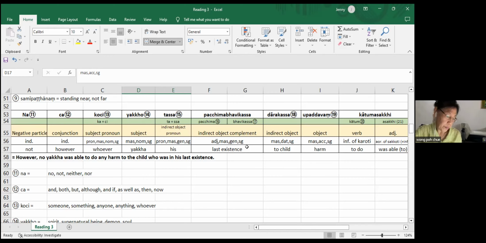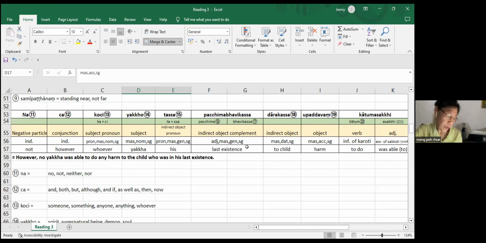This is a combined word of Pachima and Pavikasa. Pachima is the adjective referring to the last, hindmost.